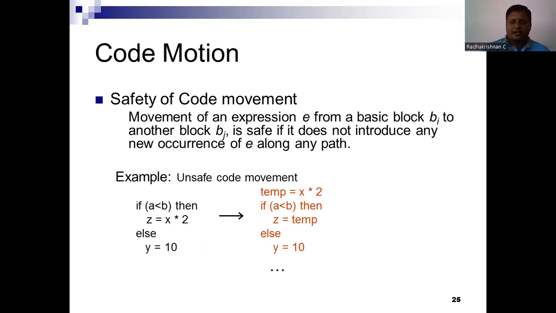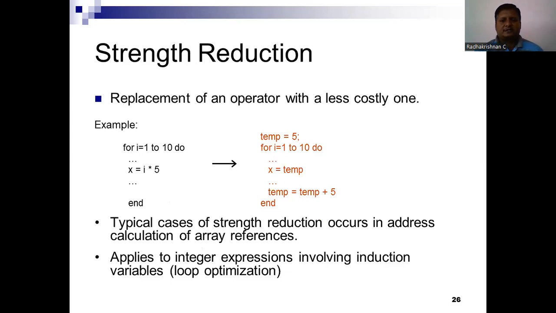Code movement, the same point, is repeated in another way. Strength reduction means it is possible to reduce the strength of the code, using equivalent relationships between operators. For example, subtraction and addition are different.